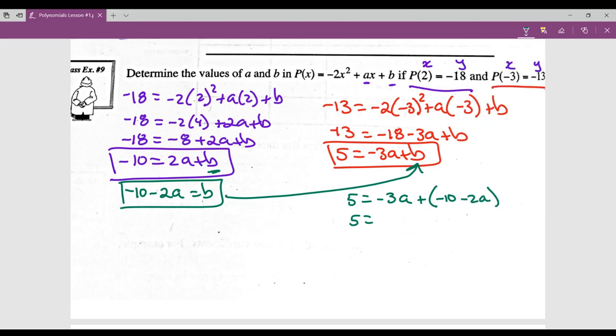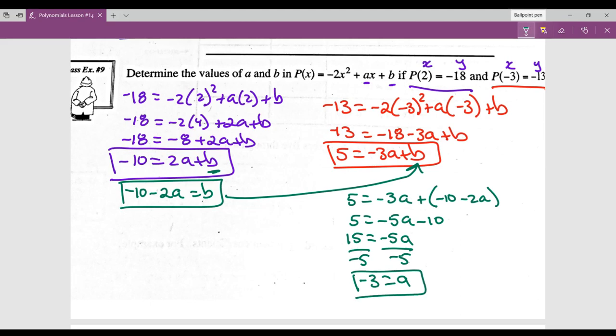Negative 3a minus 2a is negative 5a, and that is negative 10. Now I've got to solve for 5a. So I'm just going to move the negative 10 over and get 15 is equal to negative 5a. We'll then divide by negative 5, and I get negative 3 is equal to a.